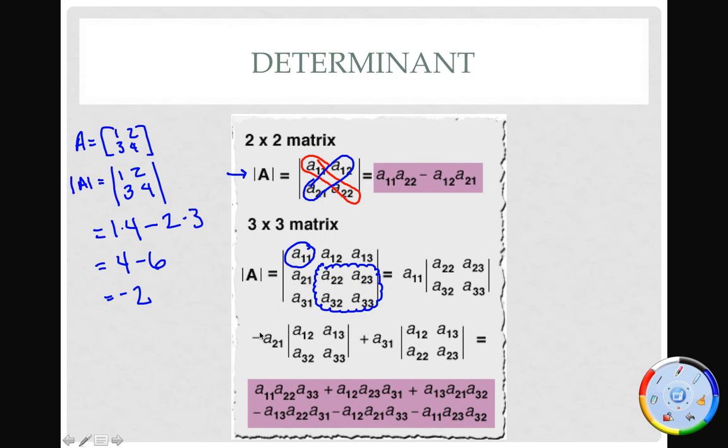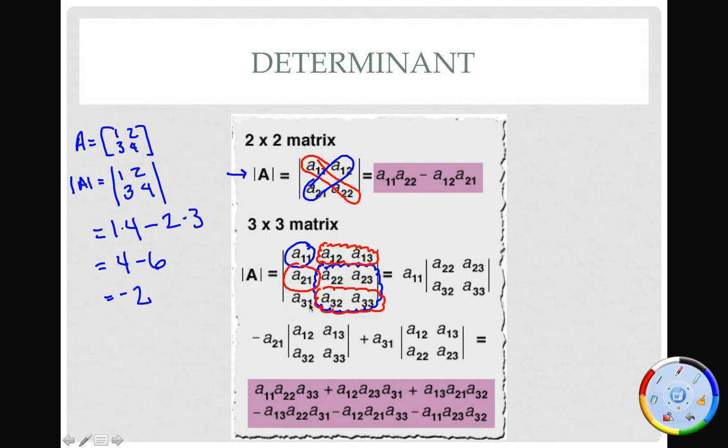Then it's minus the next one. The next one going down this column here. I cross out this row and this column, and I'm left with A12 and A13 with the A32 and the A33. So I'm finding the determinant of that little matrix.